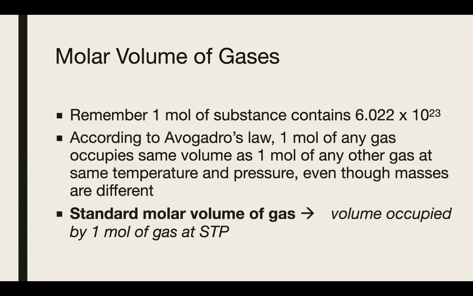This is going to allow you to convert between moles and liters in a conversion problem, as long as it is at STP. You cannot use standard molar volume if it's not at STP. If we have temperatures and pressures that aren't standard, then that's when we go to the ideal gas law. But I want to practice a little bit with standard molar volume.